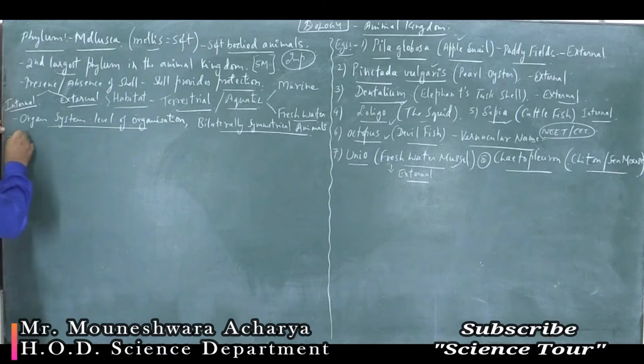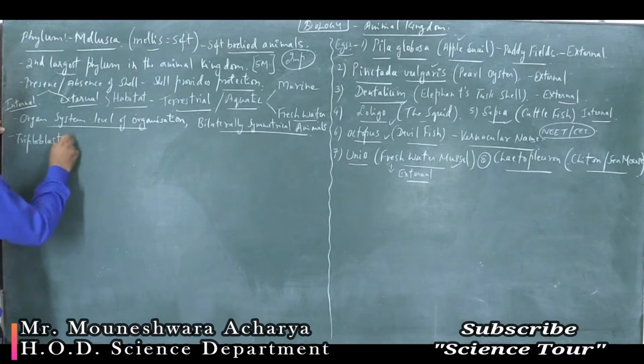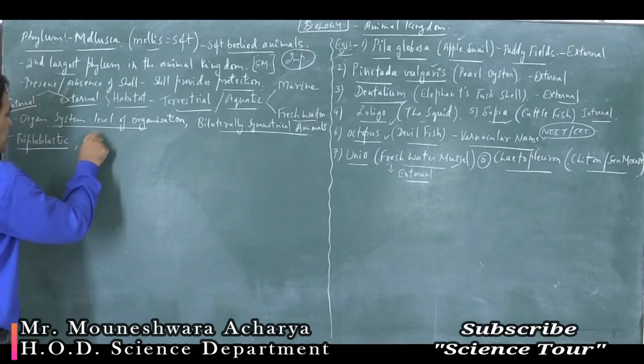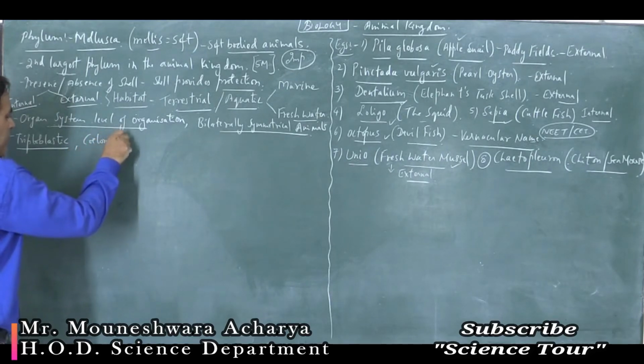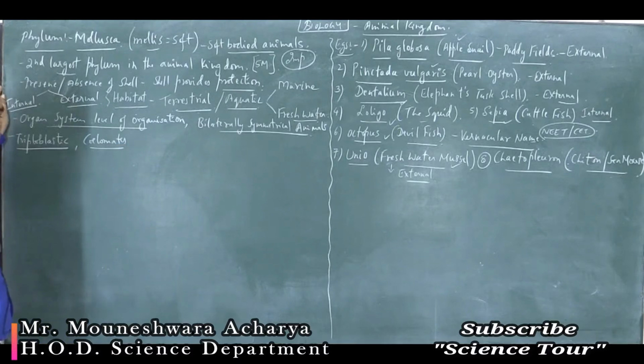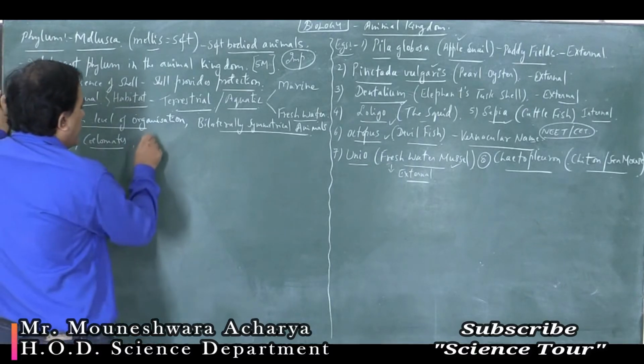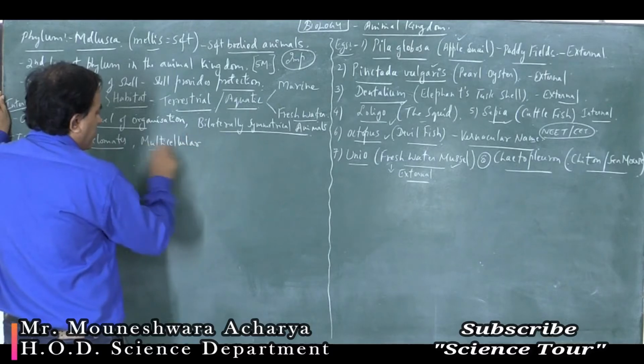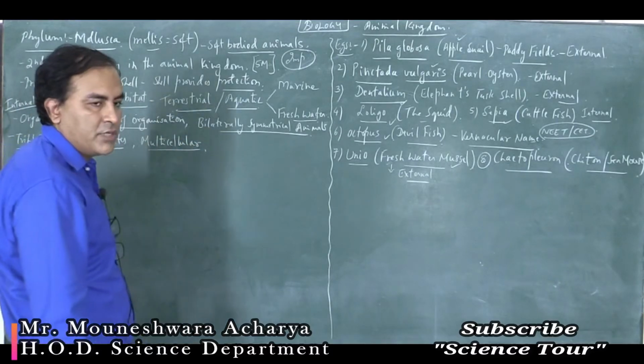Then they are triploblastic, body made up of 3 germ layers, outer ectoderm, middle mesoderm and inner endoderm. Coelomates. They have coelom and have coelomic cavity which is filled with coelomic fluid. Multicellular organisms.